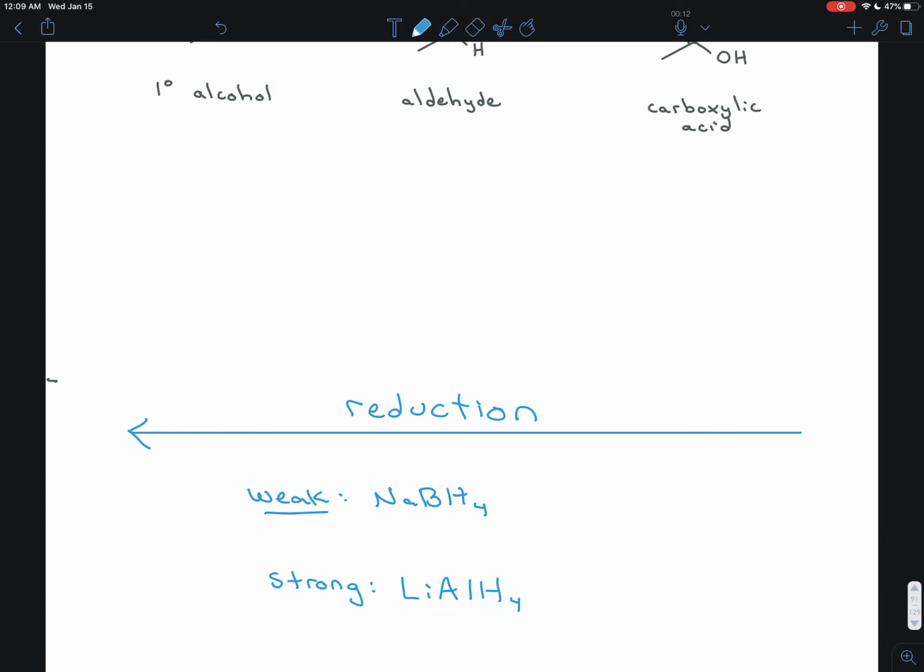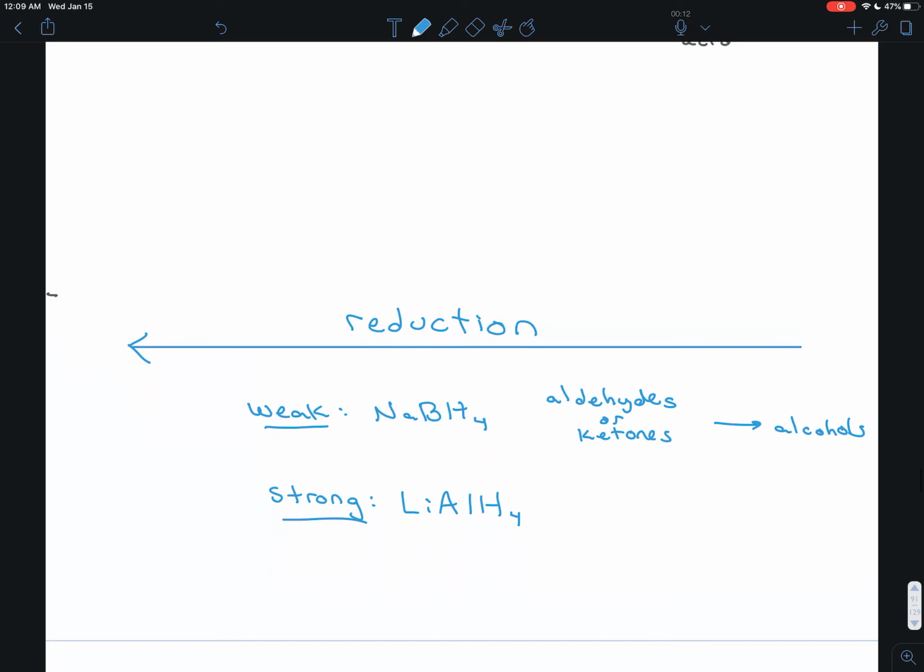What this means, weak and strong in practical terms, is that sodium borohydride can reduce aldehydes or ketones to alcohols. So note that aldehydes or ketones have 2 bonds to an electronegative element, alcohols only have 1, and so that's a reduction. The strong reducing agent, lithium aluminum hydride, can reduce almost anything to an alcohol.